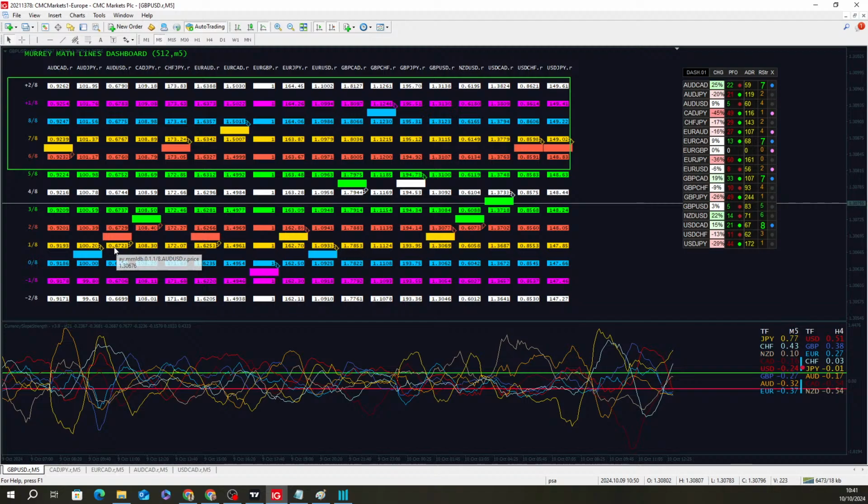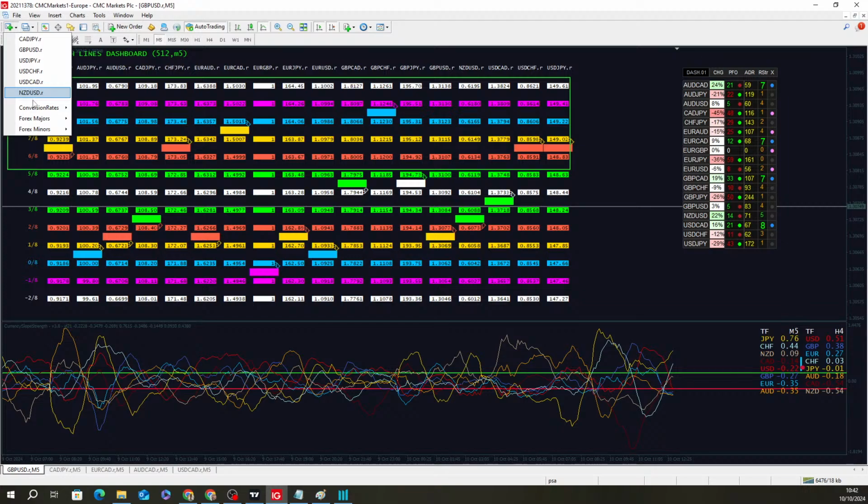Aussie dollar is interesting actually, because price is moving from 1 of 8. You can see it on the dashboard here, and also is not far from the open. So let's just investigate the Aussie dollar.